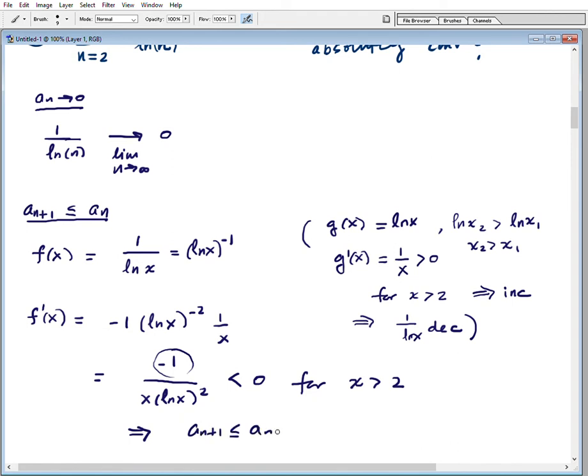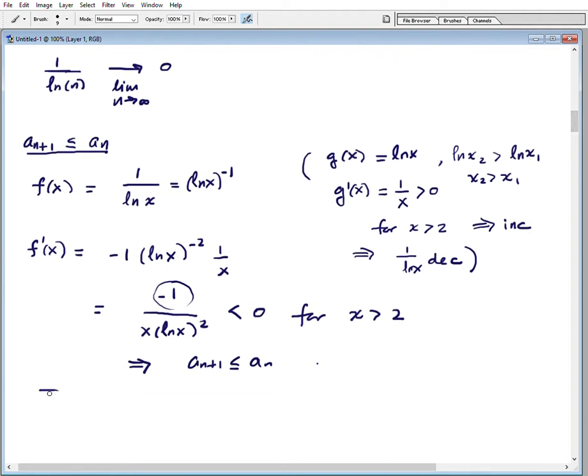So the terms are decreasing. Showing both those things, we have convergence. I think it went from 2 to infinity, so this converges.